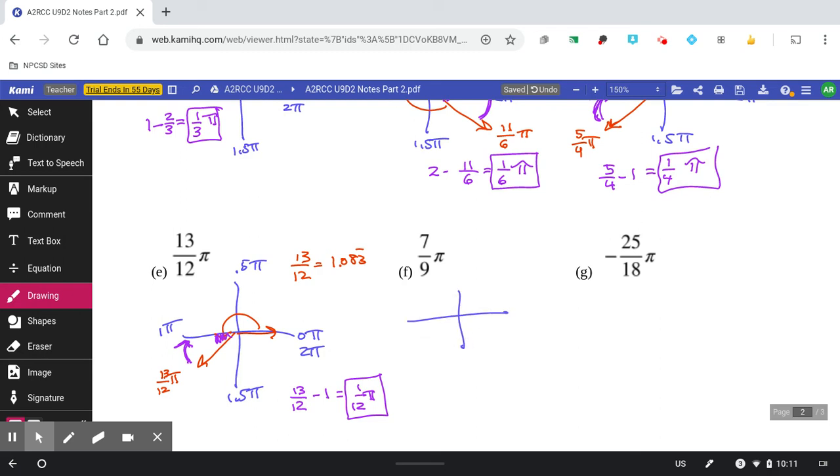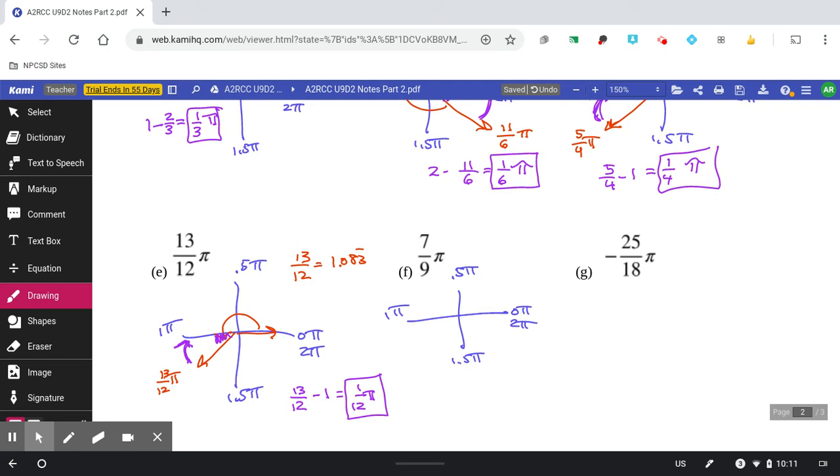So 7/9, I have 0 pi and 0.5 pi and 1 pi and 1.5 pi and then 2 pi. All right, so 7/9 is a little less than 1, but it's more than a half.